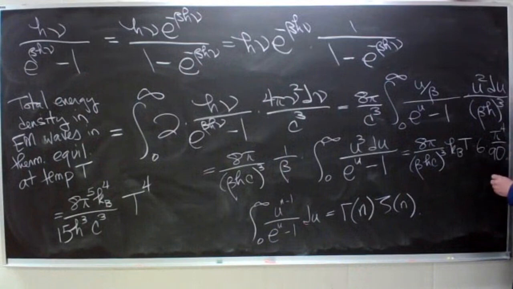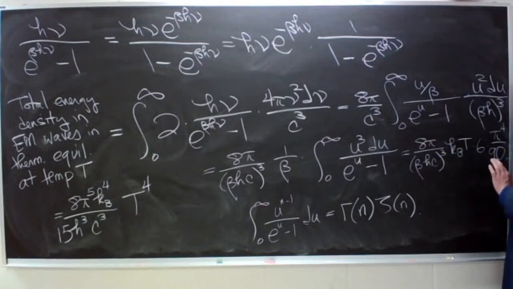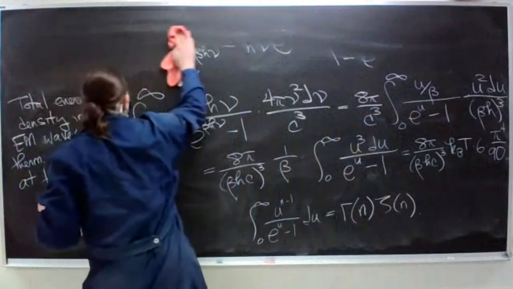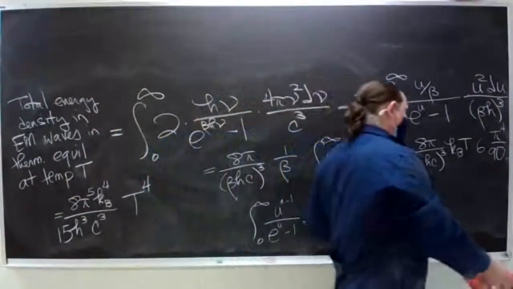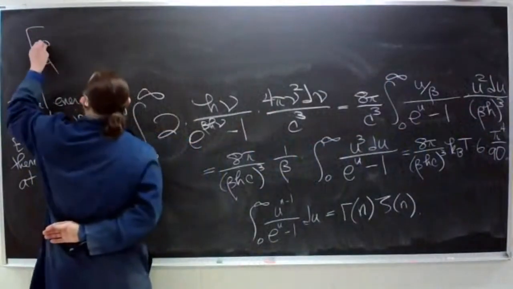This is dimensionless, so I'm not worried about that. The 8 pi is dimensionless. K Boltzmann T is an energy. So let's see what the rest of it gives.